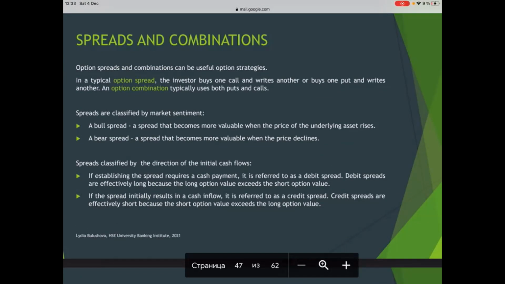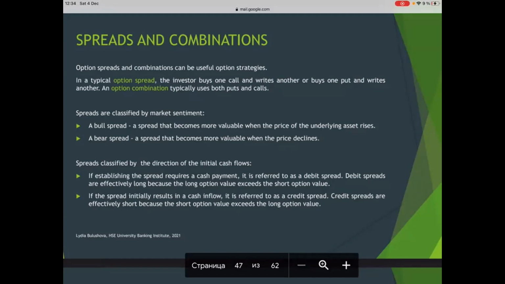What is called a spread is a combination when an investor buys one call and writes another, or buys one put and writes another. What is called a combination? A combination is something that is built out of puts and calls. So a spread is calls and calls, or puts and puts. A combo is when you have both puts and calls.